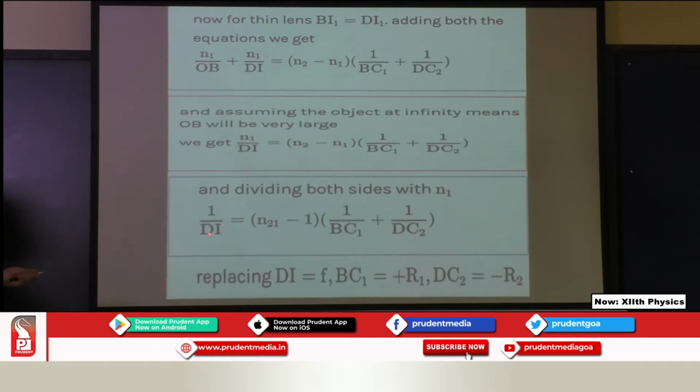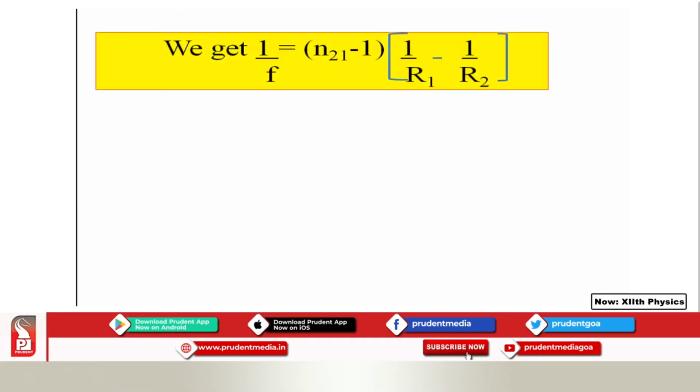Now, let us replace, as I have told you, if the object is at the infinity, image is formed at the focus. So, DI is the focal length, BC1 is plus R1, DC2 is minus R2 using the sign convention. So, substitute this in this equation. So, once we have done that, this is what you get.